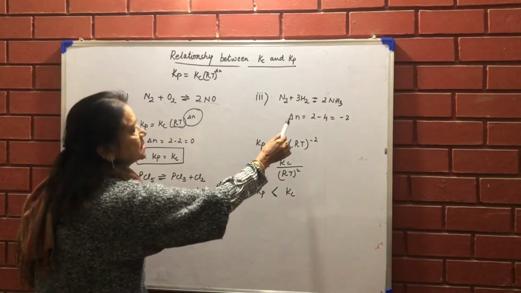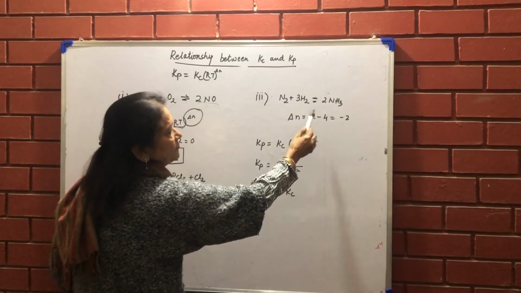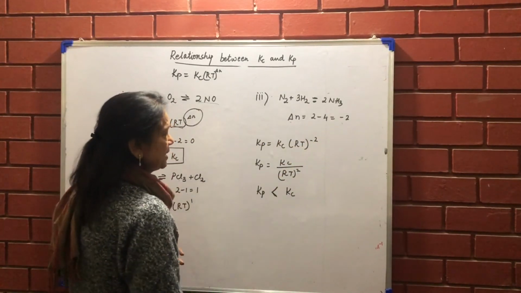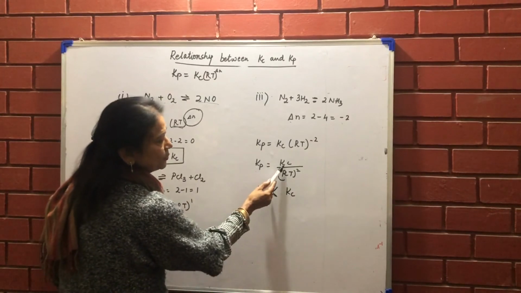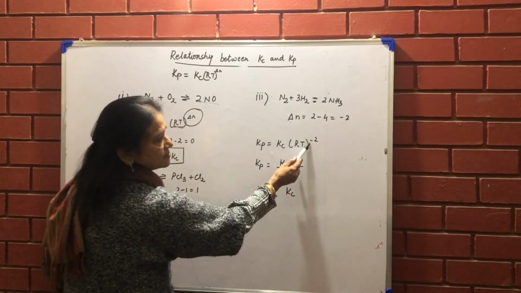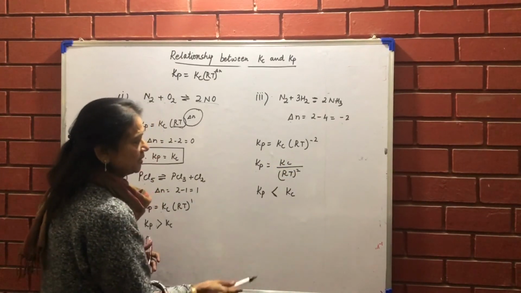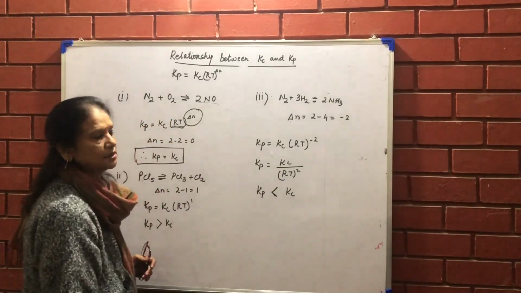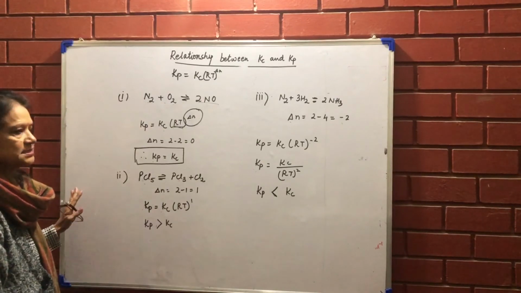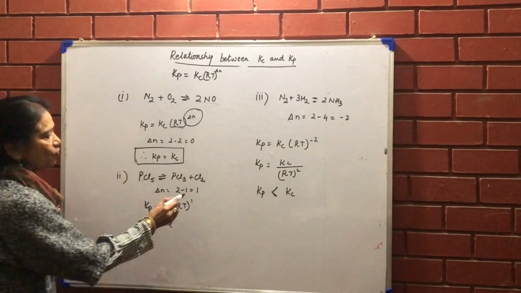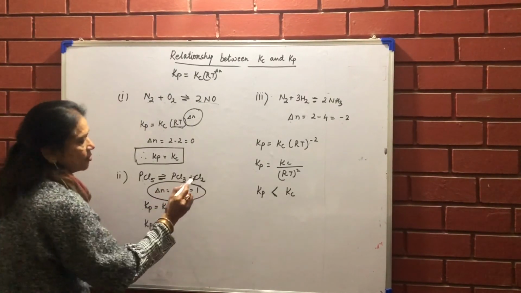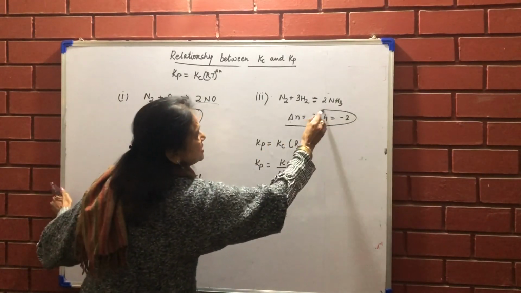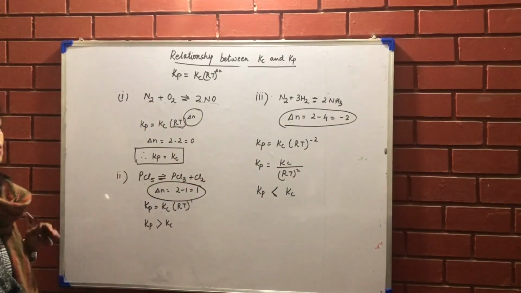If delta n is coming in negative, say minus 2, then Kp is equal to Kc upon RT square, brought into the denominator. So Kp will become less than Kc. So the relation of Kp and Kc can also be known by the value of delta n, whether it is positive, negative or 0.